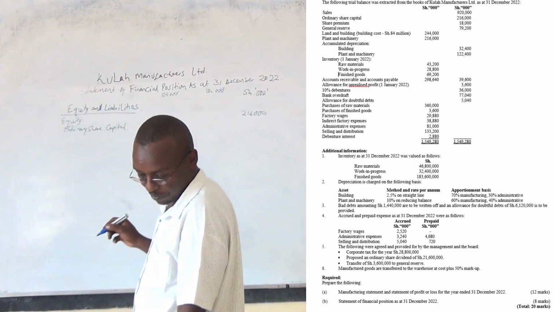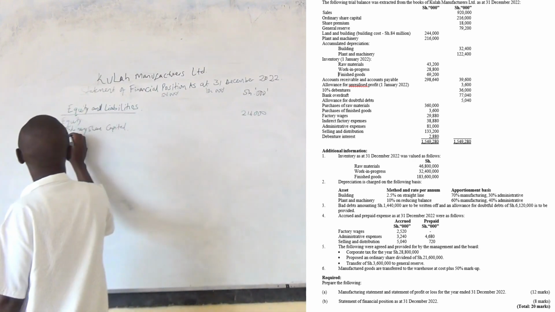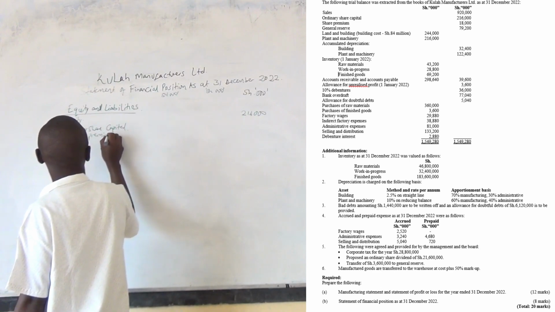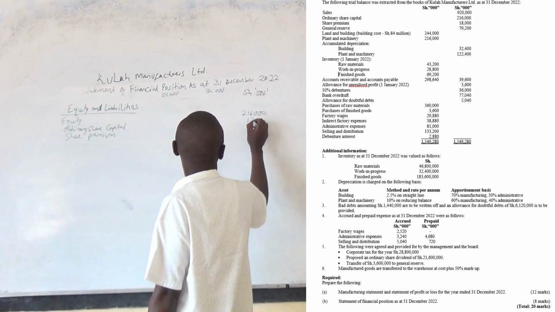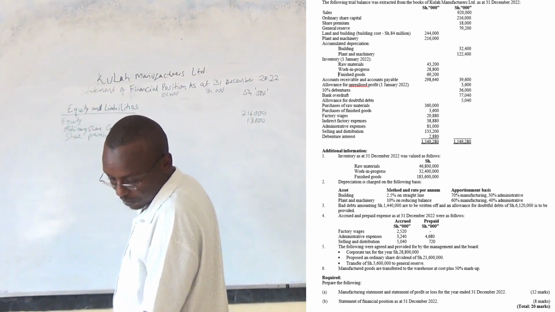Then we have share premium, 18,000. Then we have what? General reserve.